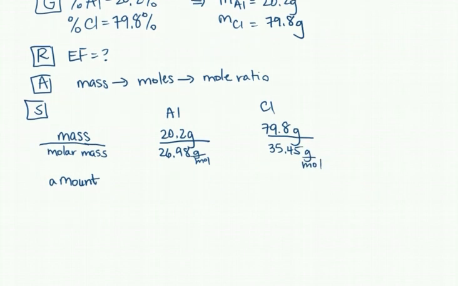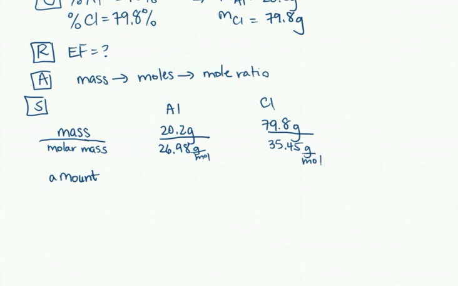So let's divide those out and write the amount of moles that we will get. For aluminum, again, we need to convert to moles so we can compare them. I always carry a few extra digits here, like 5 digits after the decimal. And this one here is 2.25.